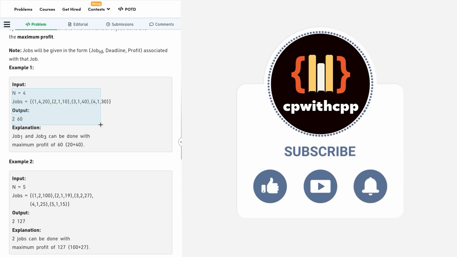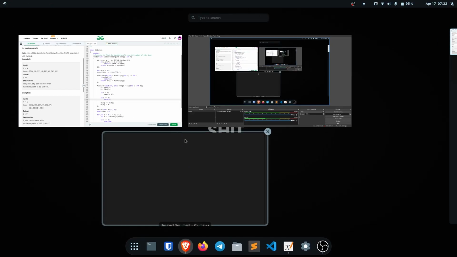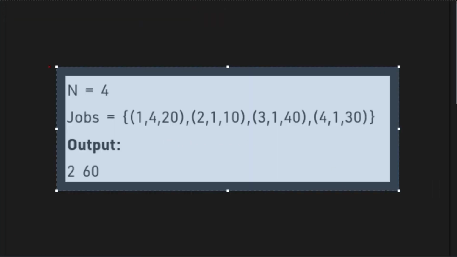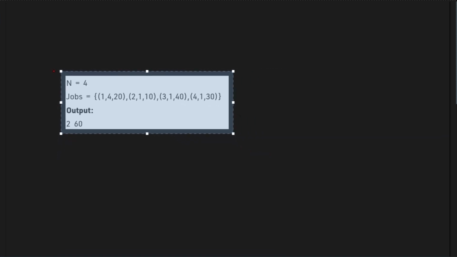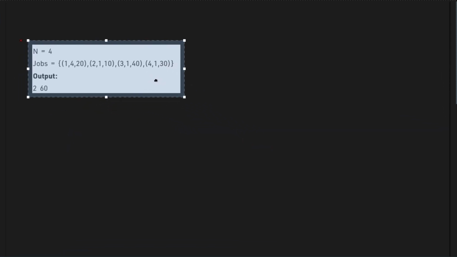So let us take this one. What is happening essentially is they have taken two jobs which have a sum equal to 60. How are we coming up to 60? Let us discuss this particular answer. There is one job which has a deadline 4 and a profit 20.